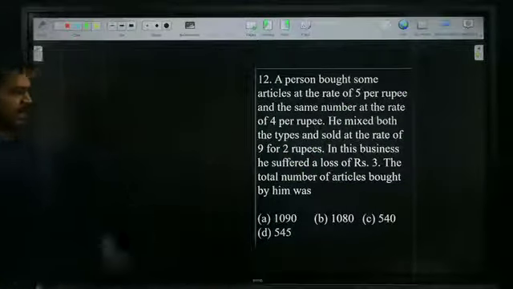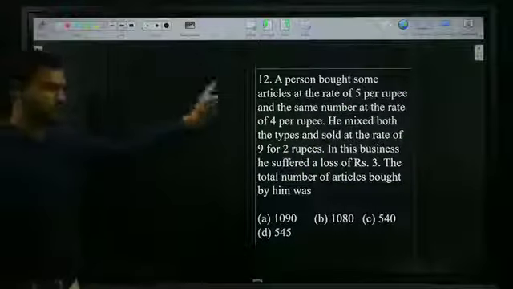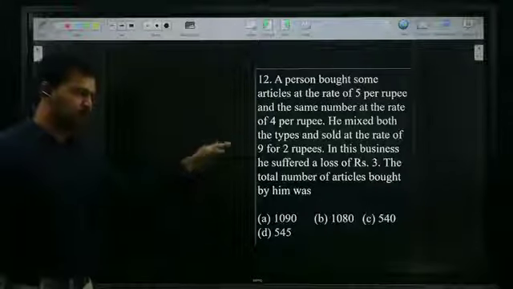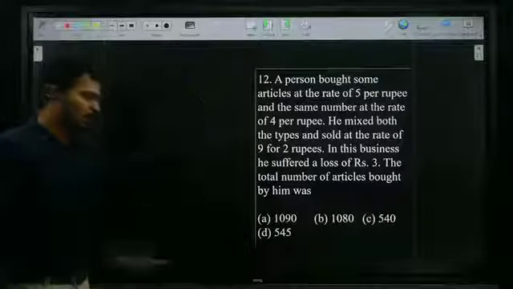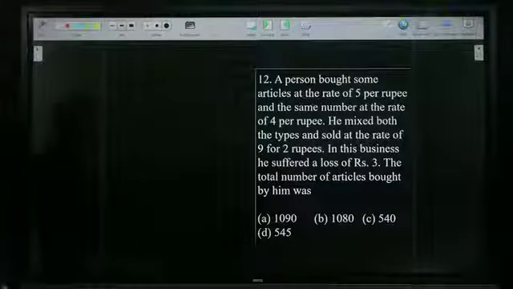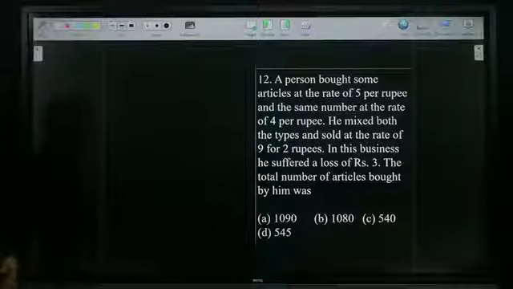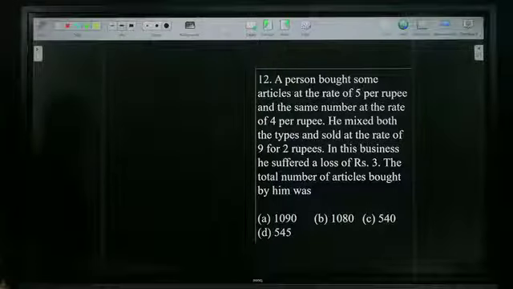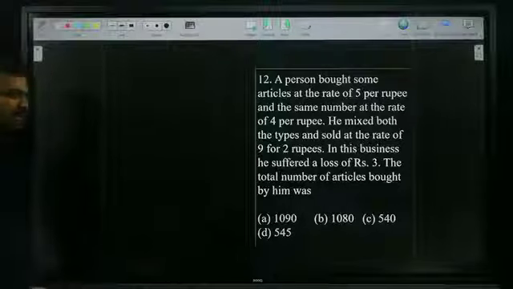Similar question, try to solve it yourself. The 12th question is similar to the previous question, the 11th question. Just try to solve it yourself. I am waiting for your response. So what is the answer for this question? The 12th question is the same question. Try to solve it yourself.